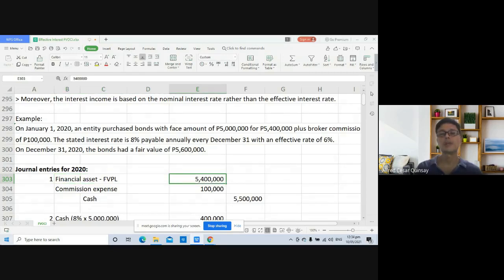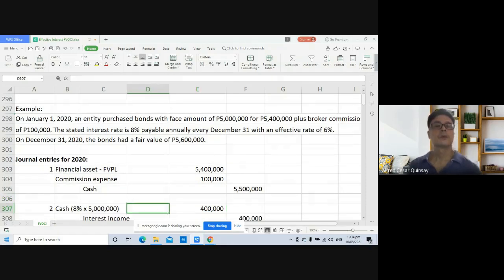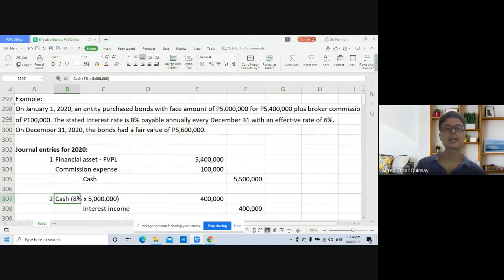Okay, so this is 5,400,000. And of course, yung kanyang credit, yung commission expense is 100,000. So that's a given. And yung cash niya is 5,500,000. Yan. So yung pangalawa is payment of interest. So debit cash, okay, so that's 400,000 and credit interest income for 400,000.